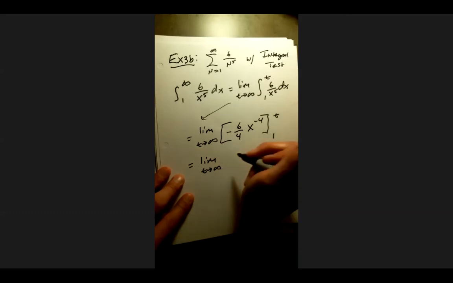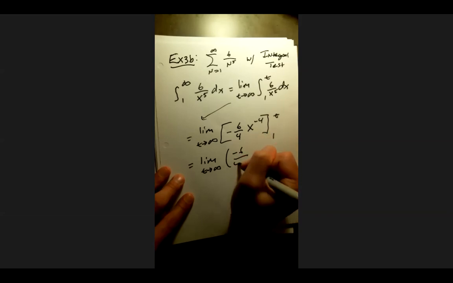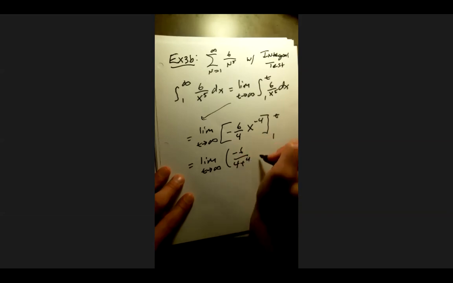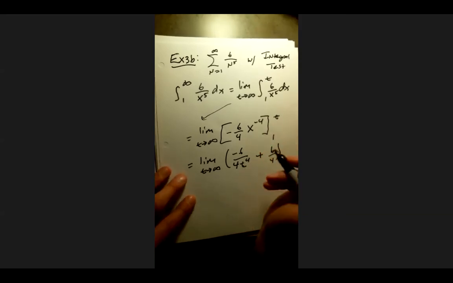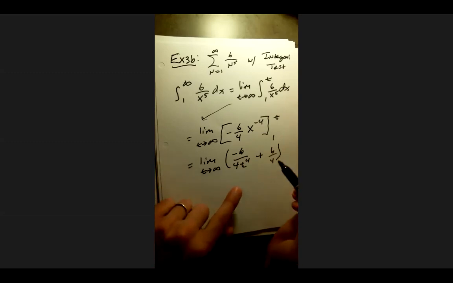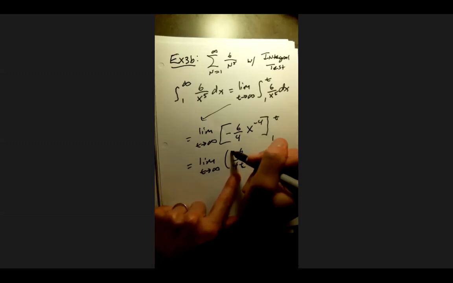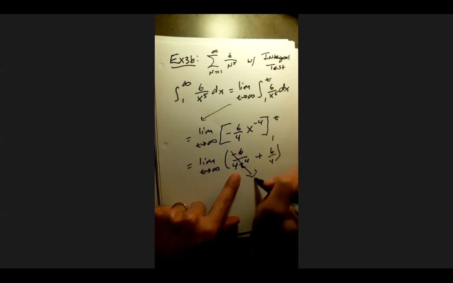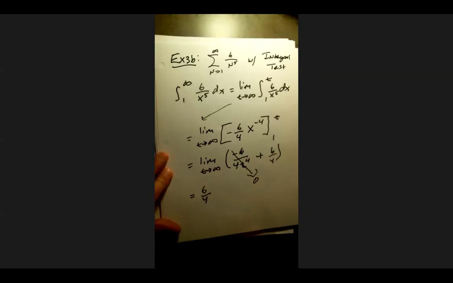So it looks like we have negative 6 over 4 t to the 4th plus 6 over 4. This first term approaches 0. So this thing equals 6 over 4.